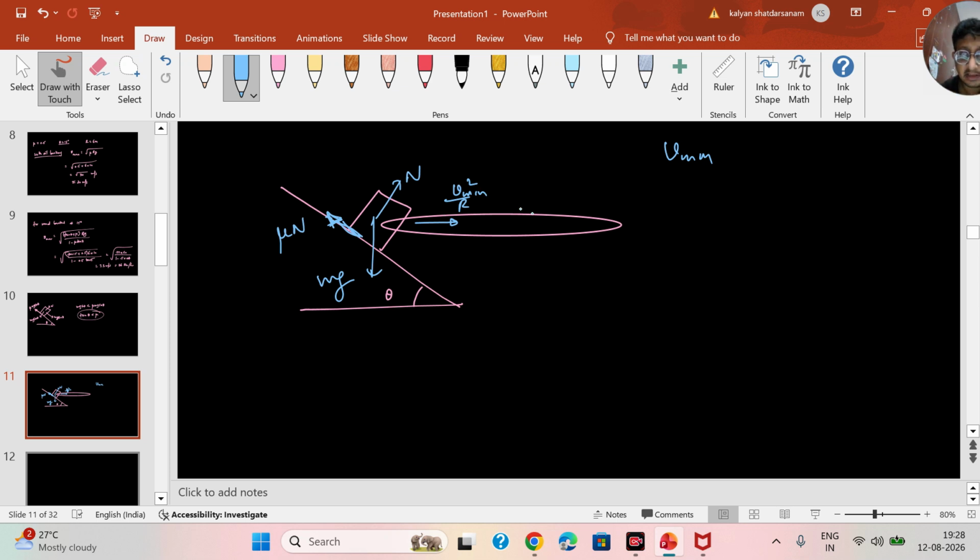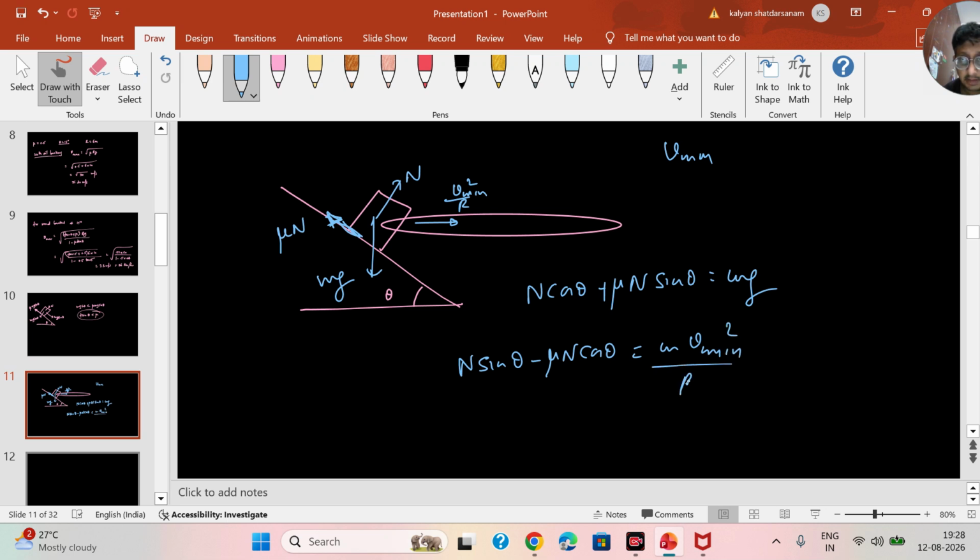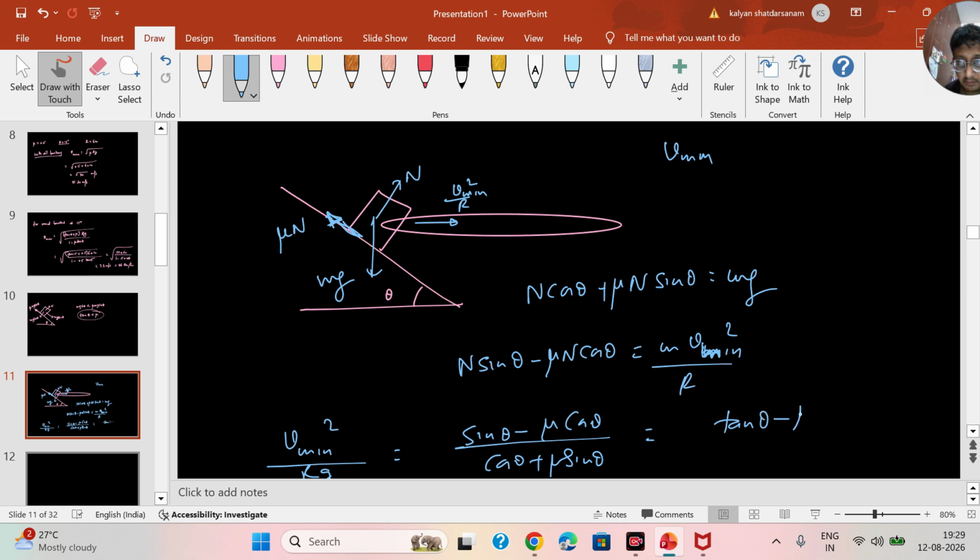So again, in the vertical direction, N cos theta plus mu N sin theta is mg. Forces are balanced. In the horizontal direction, N sin theta minus mu N cos theta is m into v min square by r. Okay, so we can divide these two. So we have v min square by rg is (sin theta minus mu cos theta) by (cos theta plus mu sin theta), which is (tan theta minus mu) by (1 plus mu tan theta).